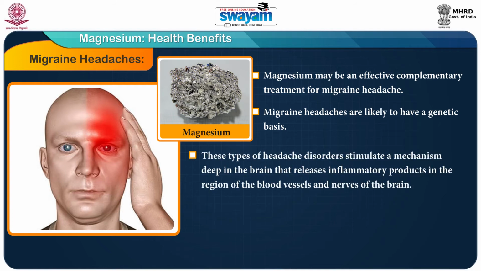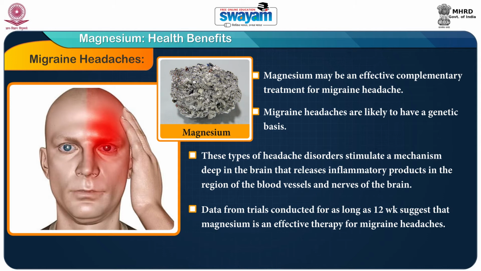These types of headache disorders stimulate a mechanism deep in the brain that releases inflammatory products in the region of the blood vessels and nerves of the brain. Data from trials conducted for as long as 12 weeks suggests that magnesium is an effective therapy for migraine headaches.